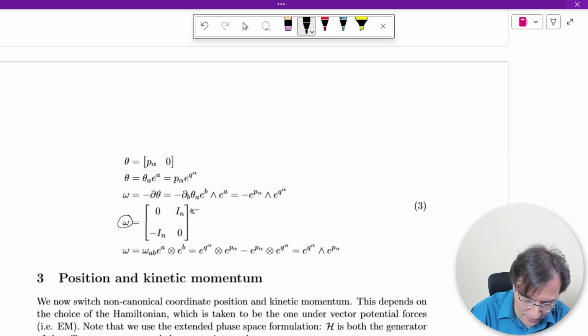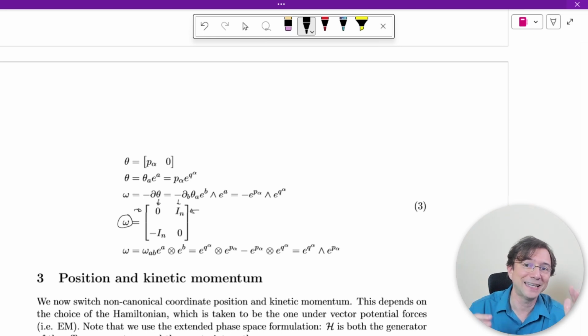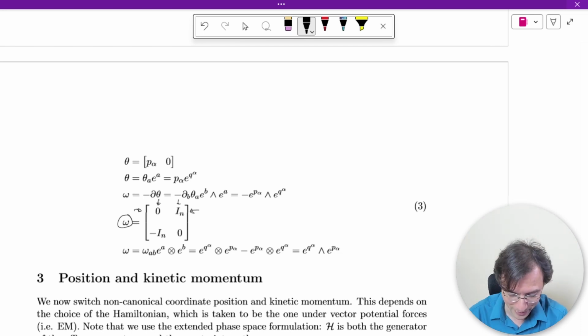And typically these are going to be the position components of omega, and these are the position-momentum components of omega, and so on. You can see that it's kind of like an identity matrix rotated 90 degrees between the position and momentum.